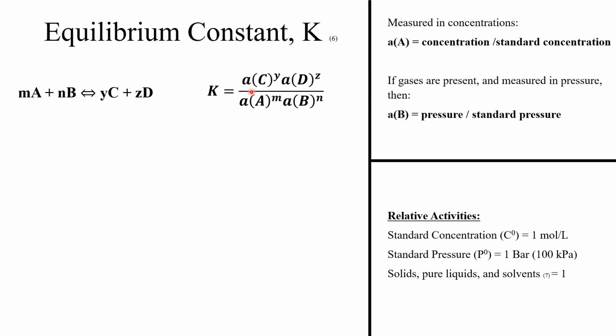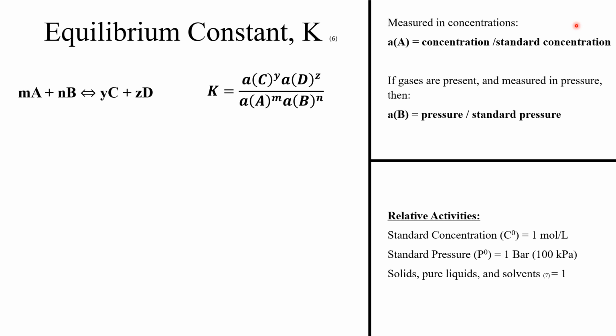The lowercase a, right here, represents the relative activity of the products and reactants, which is a unitless measure most useful when calculating K when reactions involve more than one phase or state. To find the relative activity of the products or reactants measured in concentration, we can use this formula or this relationship up here.